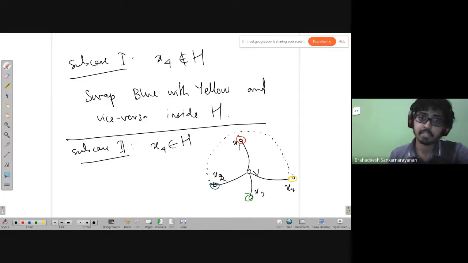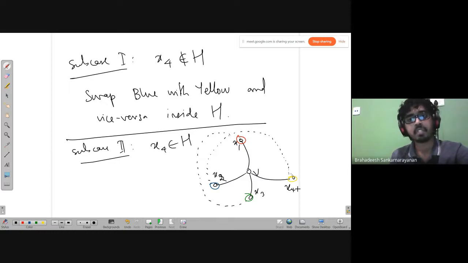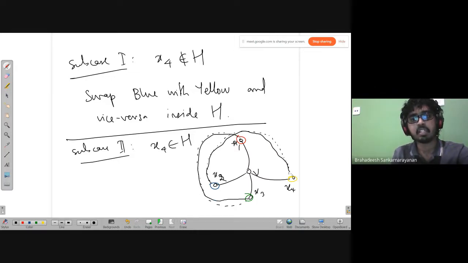We know there is a Kempe chain between X2 and X4, which means vertices consisting only of blues and yellows. Can there be a Kempe chain consisting only of reds and greens like this? No, it has to cut across, right? How can it cut across? The only way it can cut across is if it either passes through a vertex. So there's some vertex here, and a vertex here.